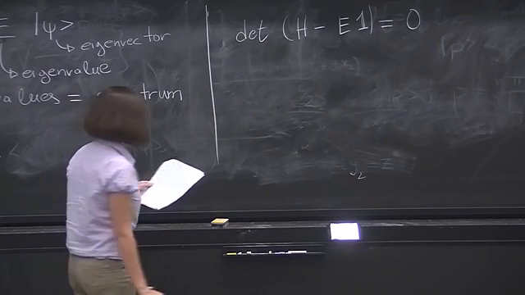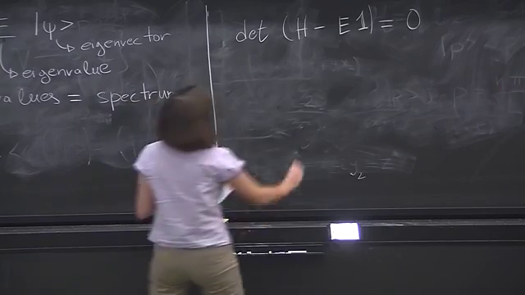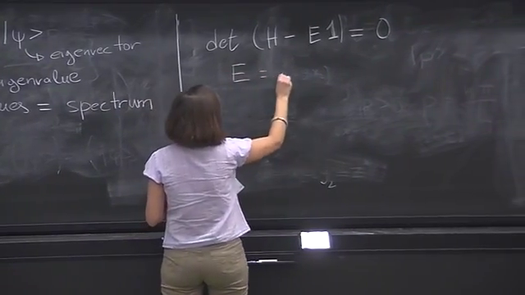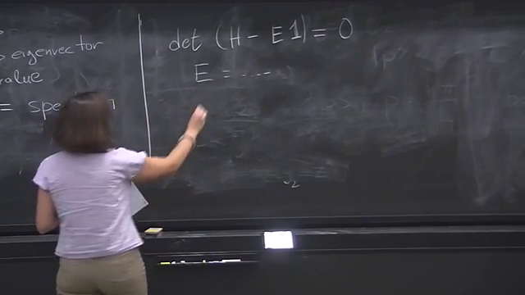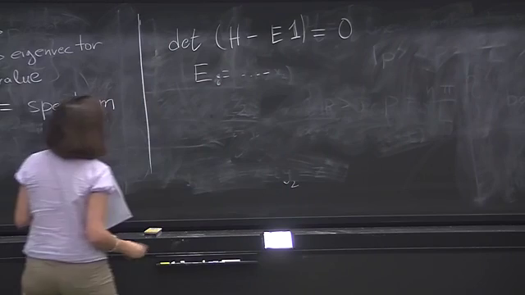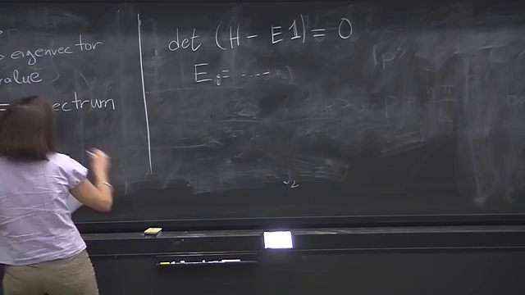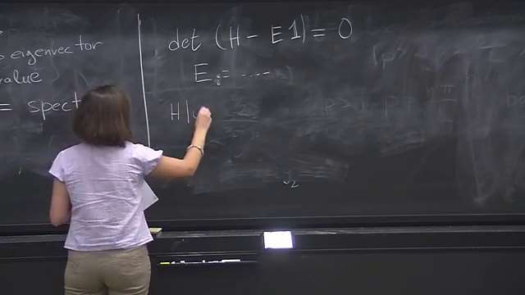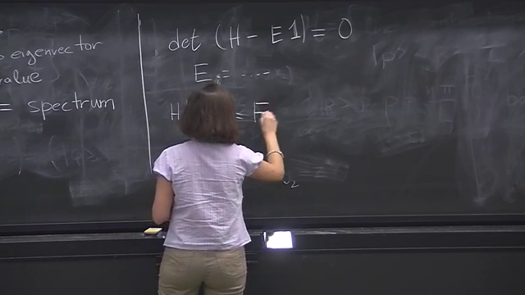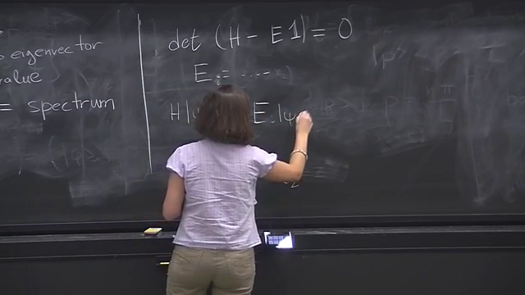Yeah? Okay, good. So first we solve this equation and we find what the different values of the eigenvalues are. And then we plug them into this equation and we actually solve for the eigenvectors. Let's call them psi_i's.